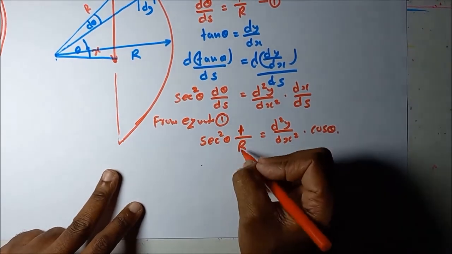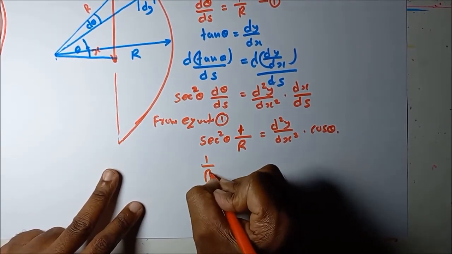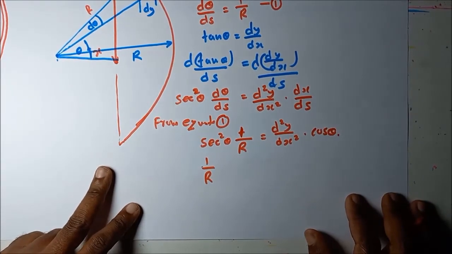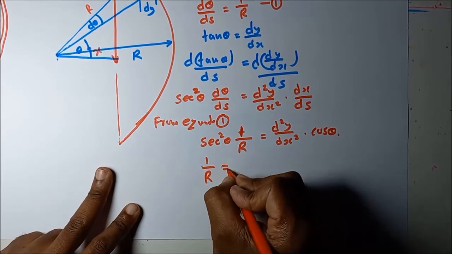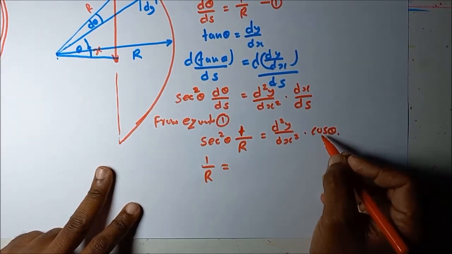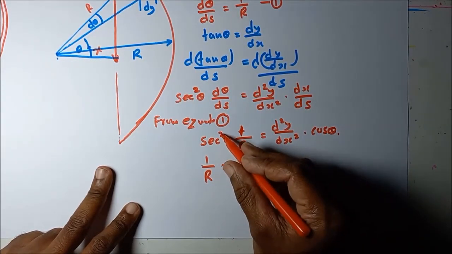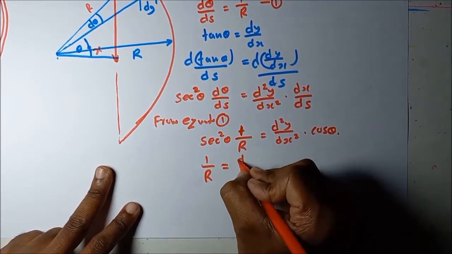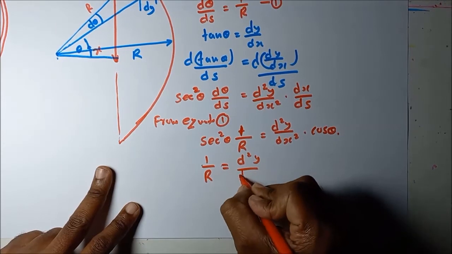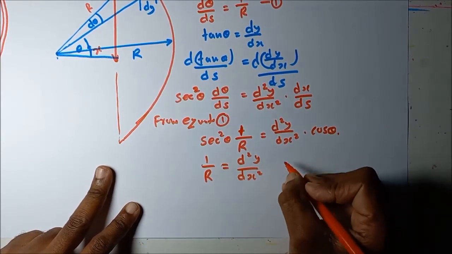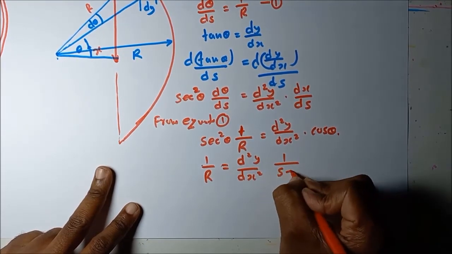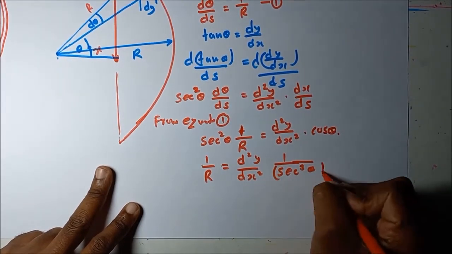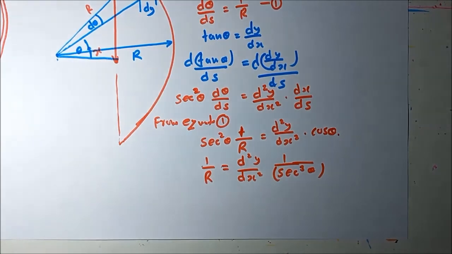By making 1 over r the subject, we can write 1 over r is equal to sec cube theta d2y over dx square, that is, d2y over dx square into 1 over sec cube theta.